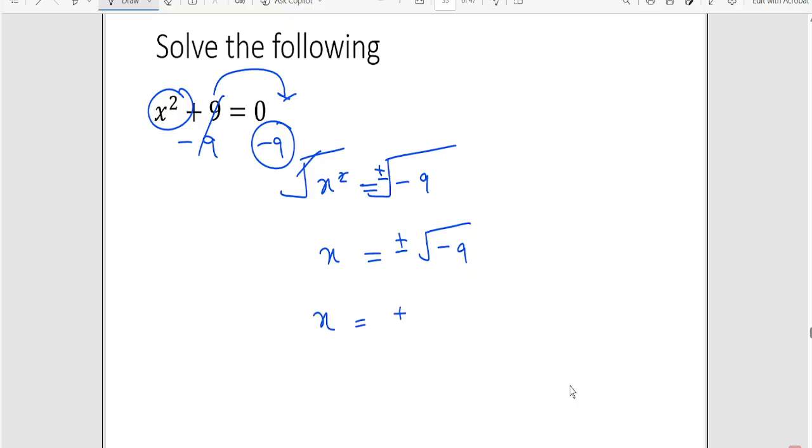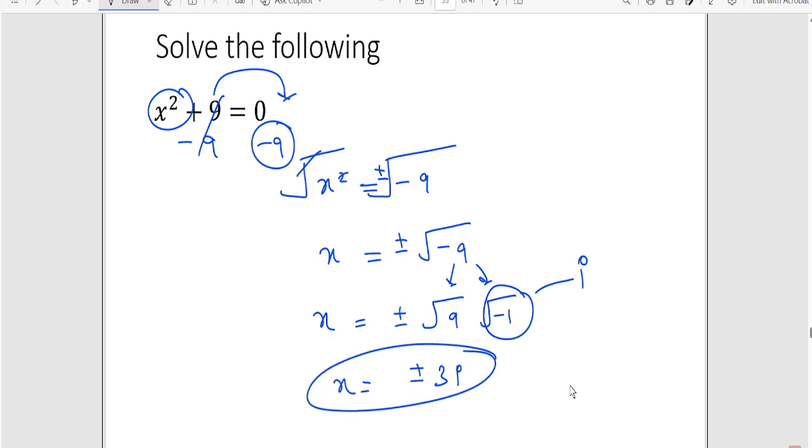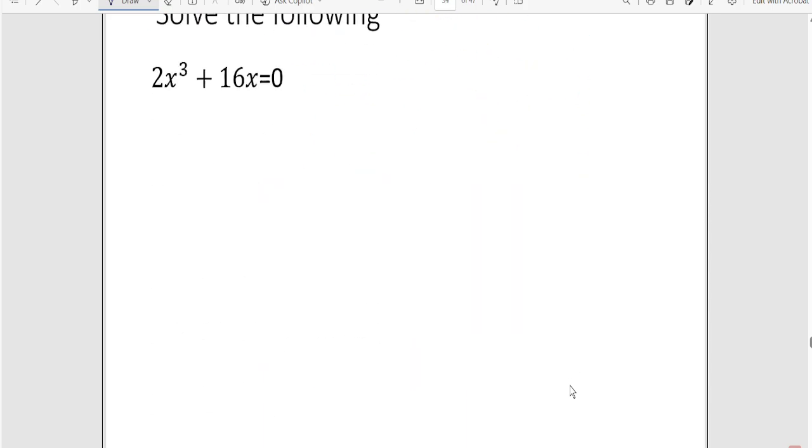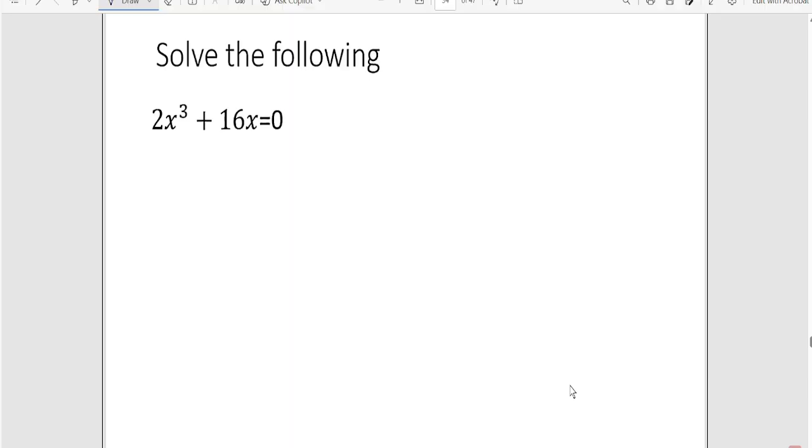Now I can write positive 9 and square root of negative 1, right? And square root of 9 is 3, plus minus 3, and square root of negative 1 is i. So I plug i here. I got these two roots, plus 3i and minus 3i, right? That's how we can solve it.